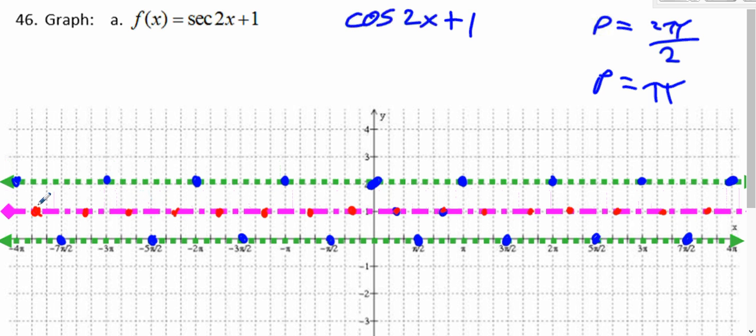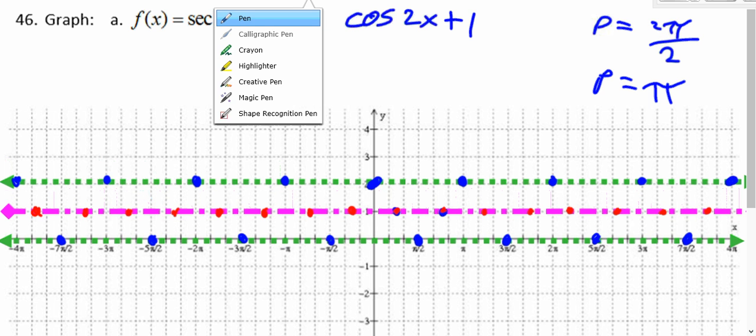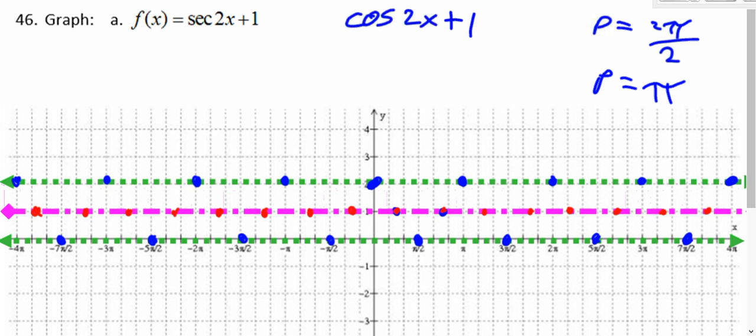Now, the reason we need all of those points is so we can draw our asymptotes.